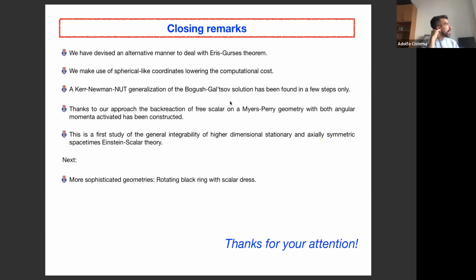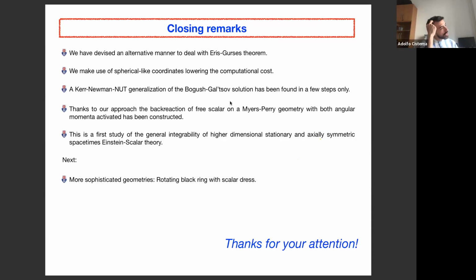Yes, this we know at least at the level of the Eriş-Gürses theorem doesn't work, because the phase of your complex scalar is going to spoil the Laplace equation, unfortunately. So in very generic terms, this cannot be done.